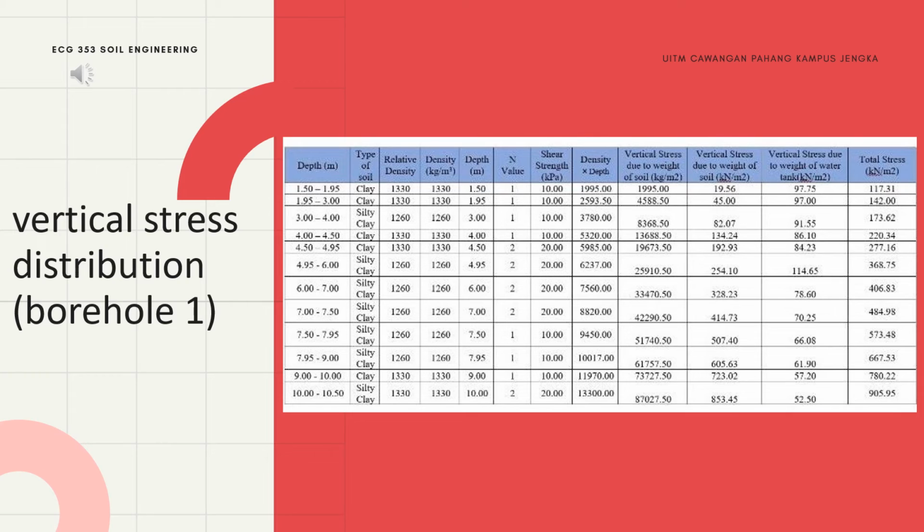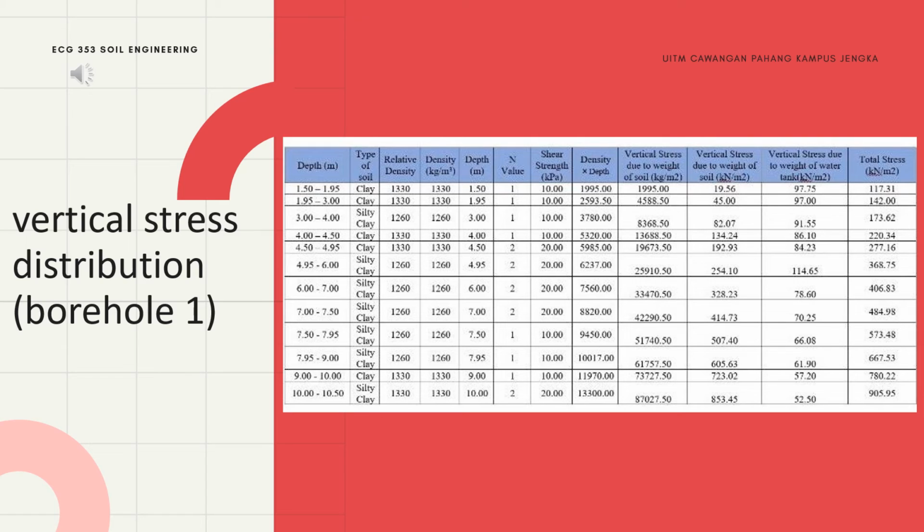So table 2 shows how we calculate the total stress. First, we need to identify what type of soil is at certain depths until 10-meter depth of the borehole, based on the borehole log form.